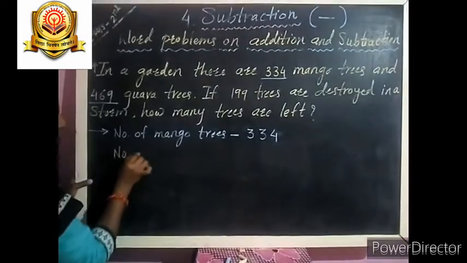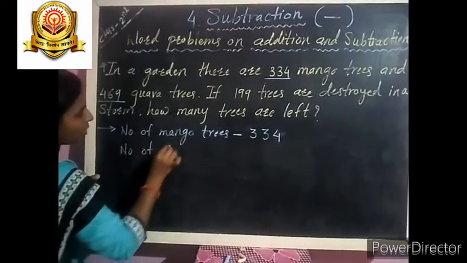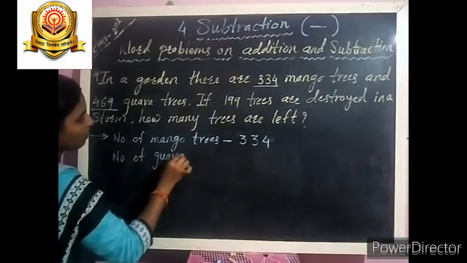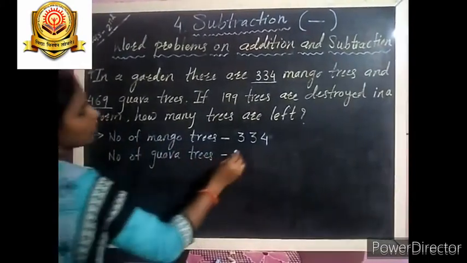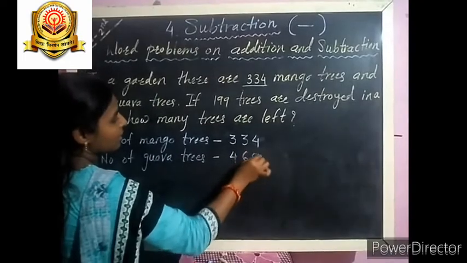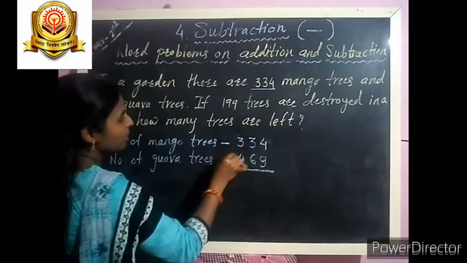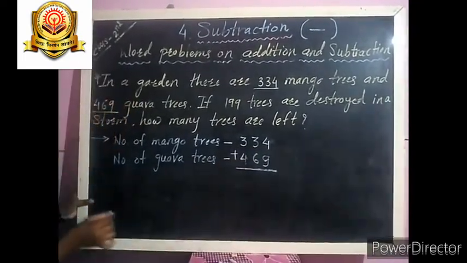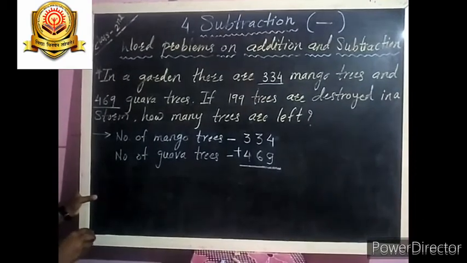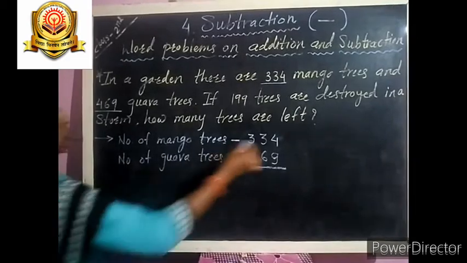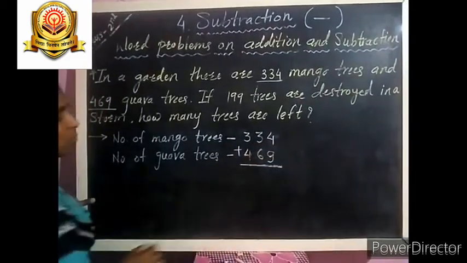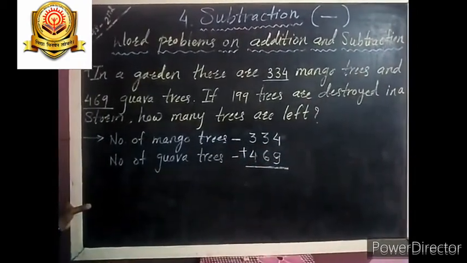So write here the plus sign because we need to do addition. So addition always starts from the ones place. So 4 plus 9, 13.